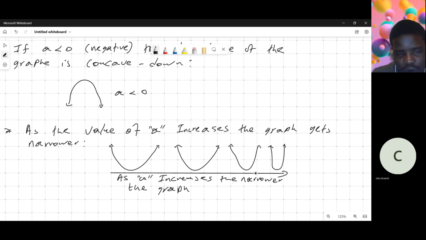So if we move from the opposite direction, as A decreases, the broader the graph. Okay.